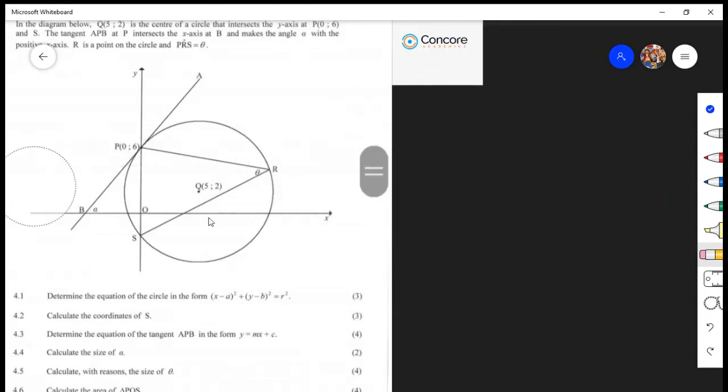Okay, so the next question, calculate with reasons the size of theta. So angle theta is the one there by r, right? So they want us to calculate the size of angle theta. Let's see, how can we do that?